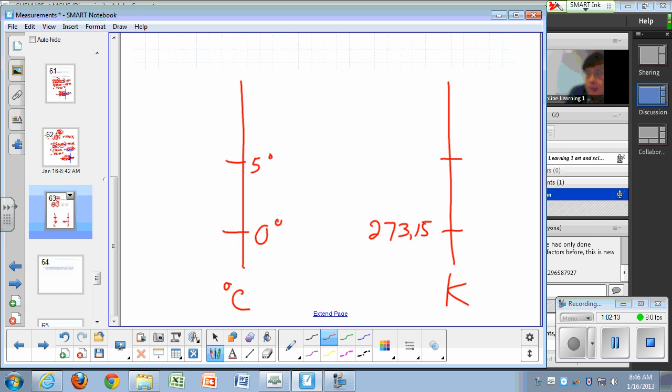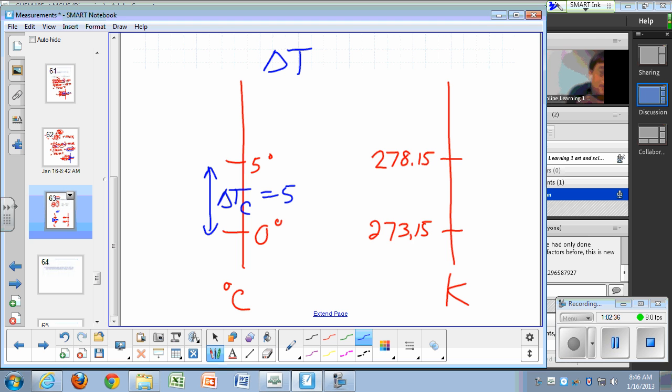How do you go from Celsius to Kelvin? You just add 273. So 5 plus 273 is 278.15. Okay?